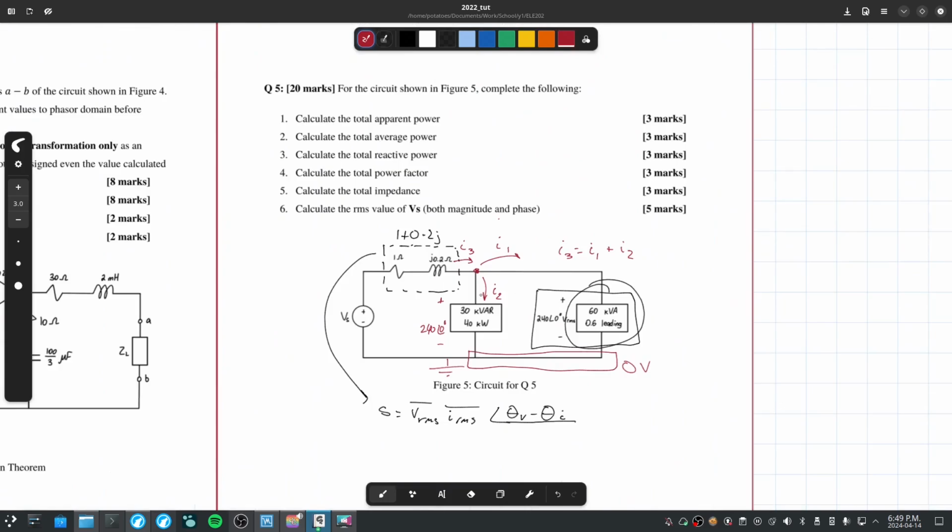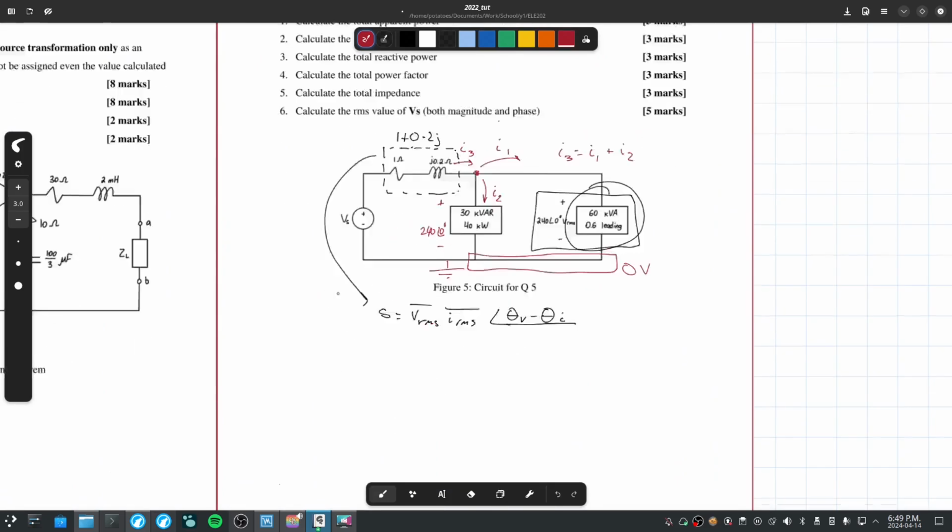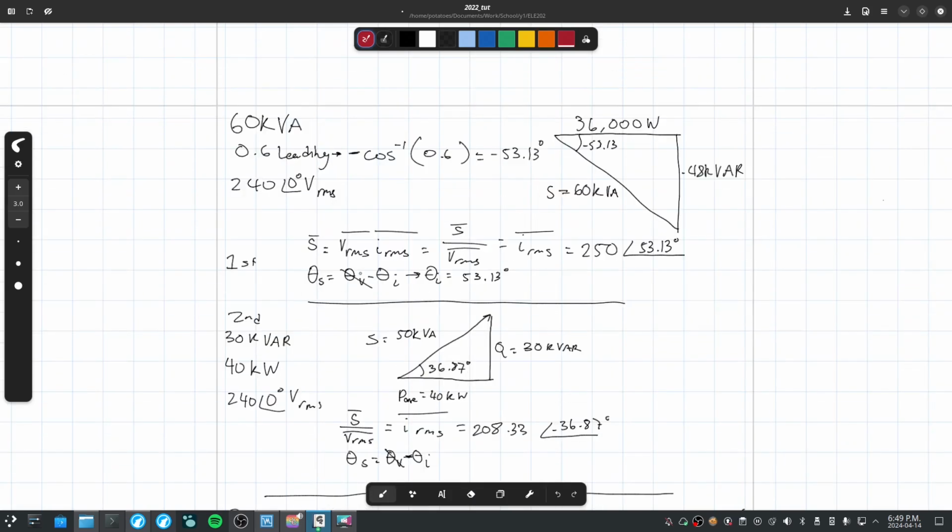So we went through each load here, and given the information, we turned it into the power triangle. For the first one, we're already given the apparent power and the leading amount. You convert that to an angle using cosine inverse.